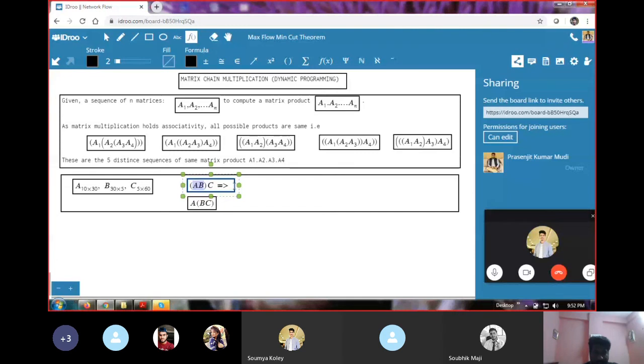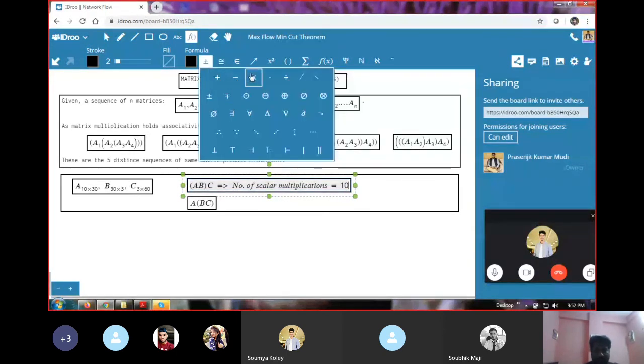While computing AB first, the number of scalar multiplications involved: A is of dimension 10 cross 30 and is multiplied with B, 30 cross 5. So if I compute AB, the number of scalar multiplications equals 10 into 30 into 5, and that is equal to 1500.